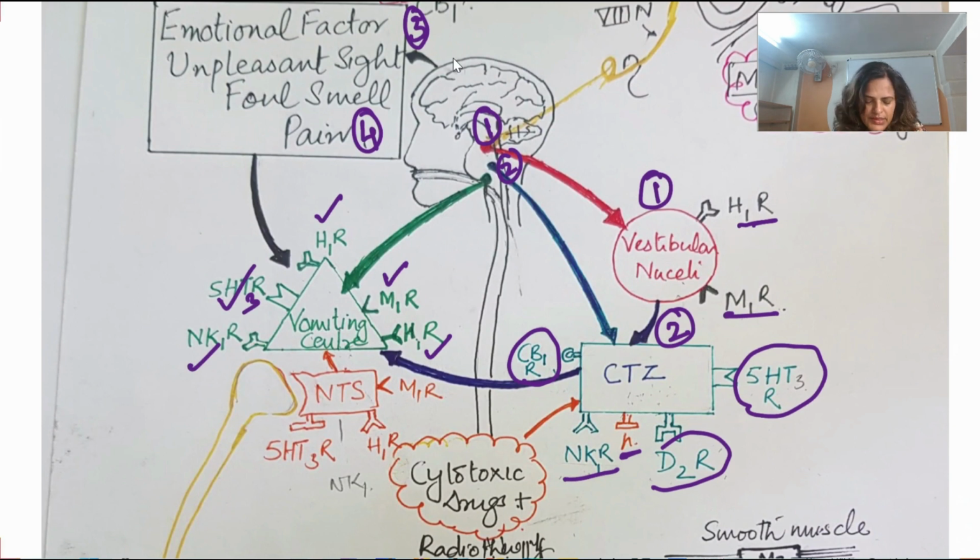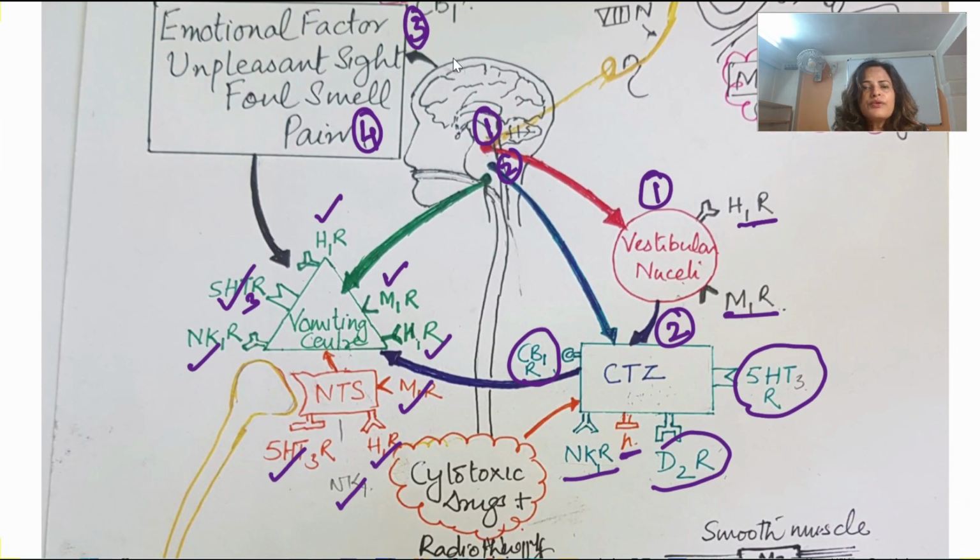On the nucleus tractus solitarius, again we have histamine receptor, muscarinic receptor, neurokinin and 5-HT3 receptor. Now these receptors act as an important target for antiemetic drugs. The drugs bind with the receptors and inhibit the emetogenic impulses conveyed from these sites to the vomiting center.